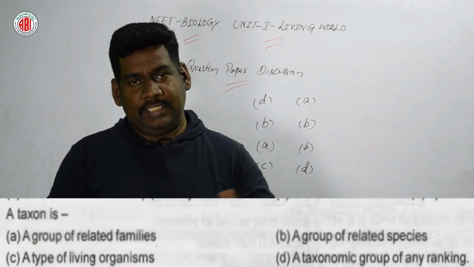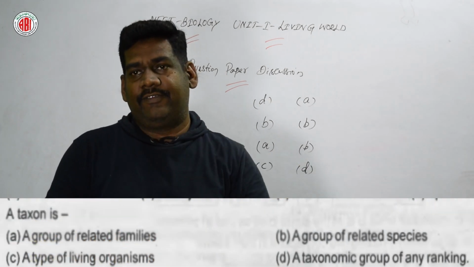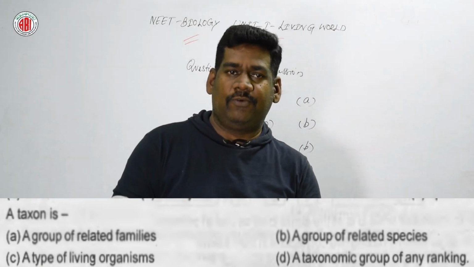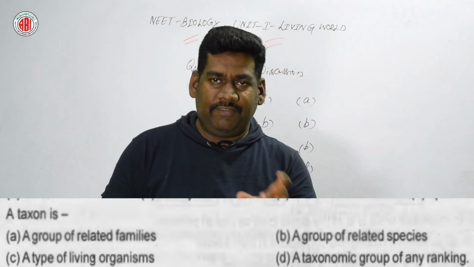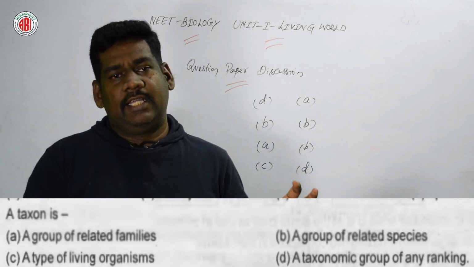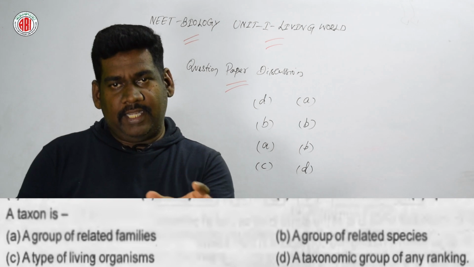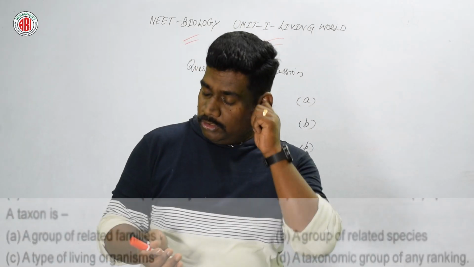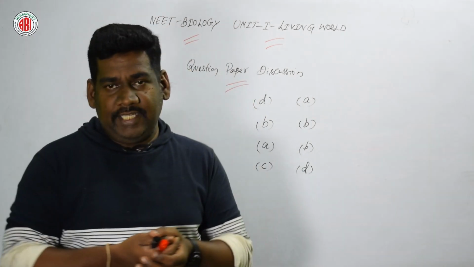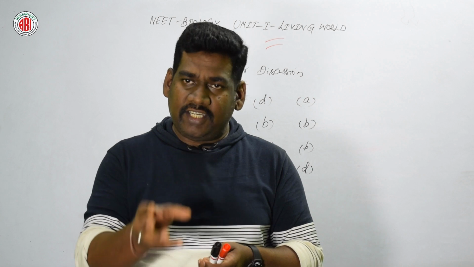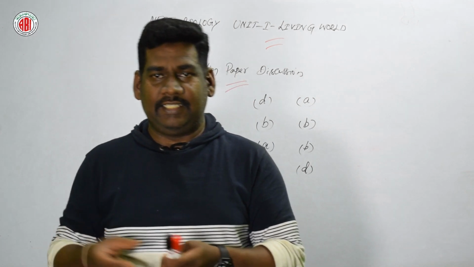A taxon is, what is the meaning of taxon? Here are four different options: a group of related families, a group of related species, a type of particular living organism, a taxonomic group of any ranking. The meaning of taxon is a taxonomic group of any ranking.